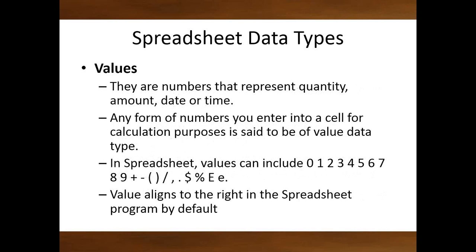The next data type is values. Values are numbers that represent quantity, amount, date, or time. Any form of numbers you enter into a cell for calculation purposes is said to be of value data type.